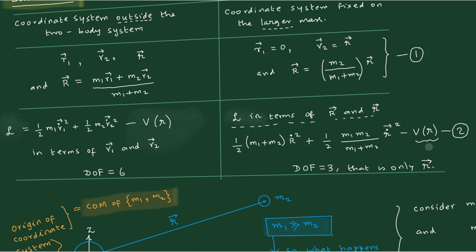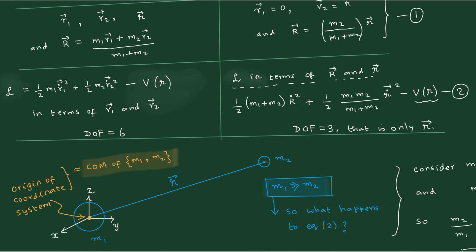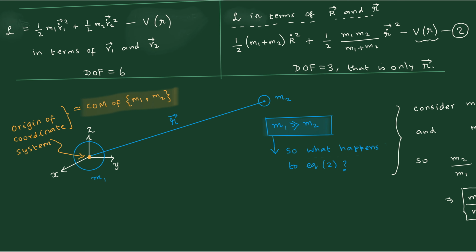So the speciality is coming from the V of R, that's what is there here, and let us therefore further discuss what the situation is. Okay, so now let me explain the scenario. Corresponding to equation number 2, this particular diagram was also there in the last class. Let us refresh your memory: this is the mass m1, the blue larger circle represents the mass m1, and the coordinate is now brought here.